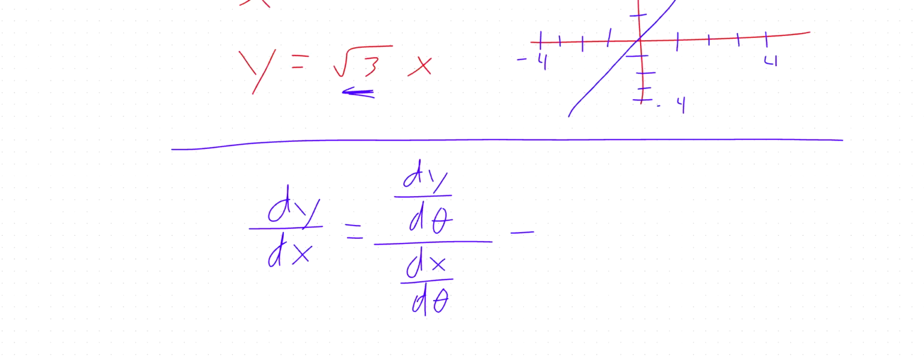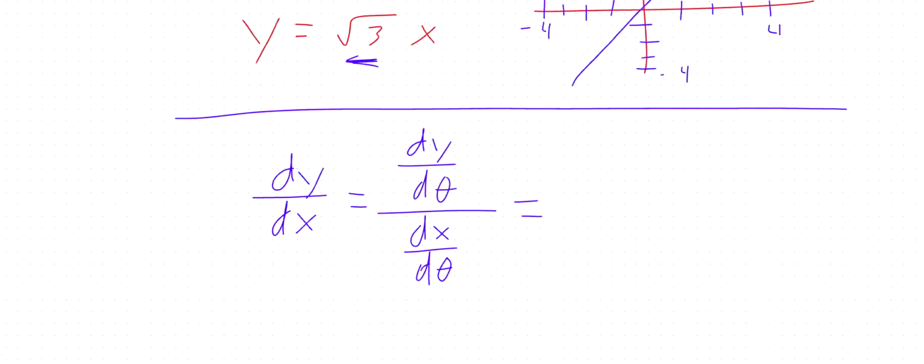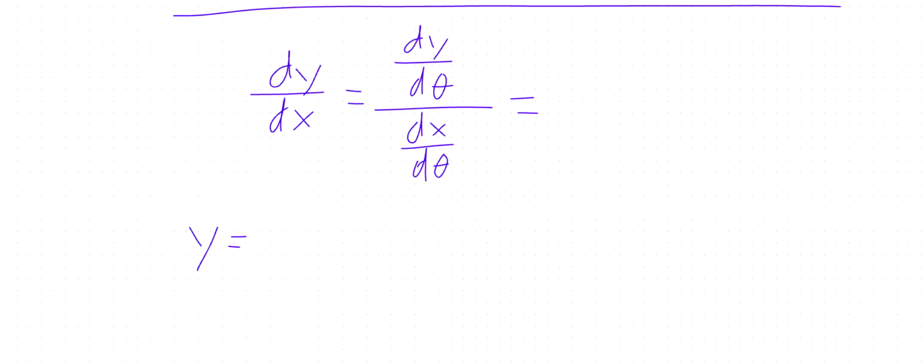So let's take a step back. Remember that our y is r sine of theta, and our x is r cosine of theta. Now, typically, whenever we write our polar coordinates, we make r a function of theta. So let's replace that r with a function of theta.